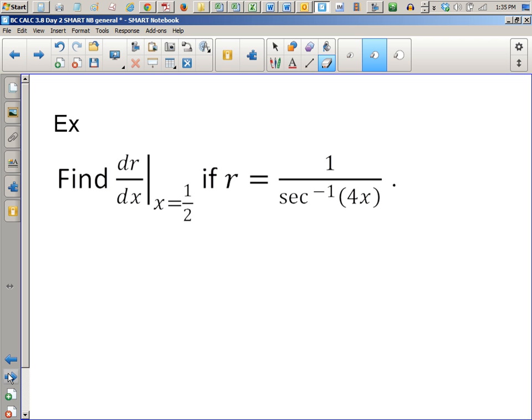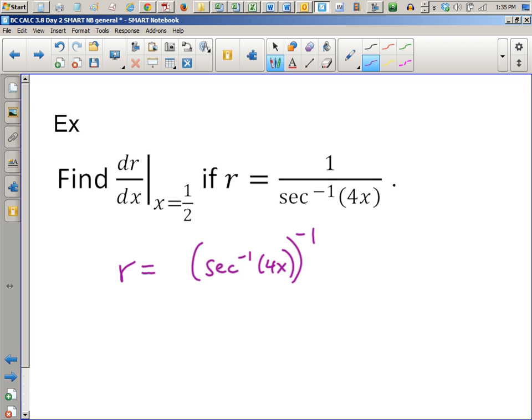Let's just write it as r equals, and then we'll put sec inverse 4x to the minus 1. That's what it means, right? 1 over something. This first and foremost is not a secant inverse. It's something to the minus 1. See the structure? It's really just blah blah to the minus 1.